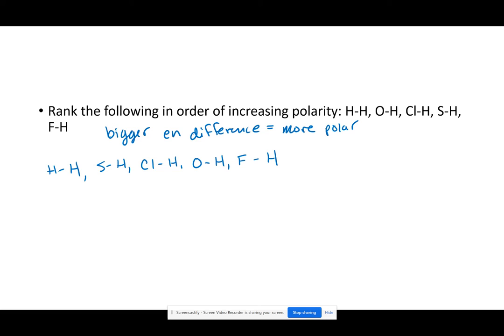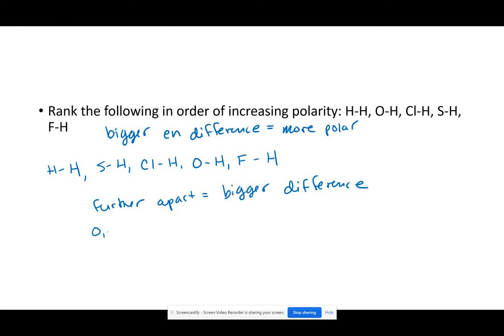Now, these are all bonded with hydrogen. If they're not bonded with hydrogen, it's a little bit different. What you're looking at really, again, is the electronegativity difference. The further apart atoms are, the bigger the difference is going to be. So let's say I was comparing some fluorine bonds.